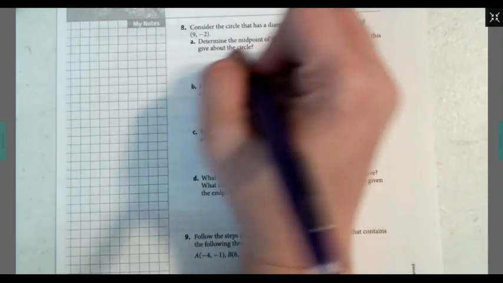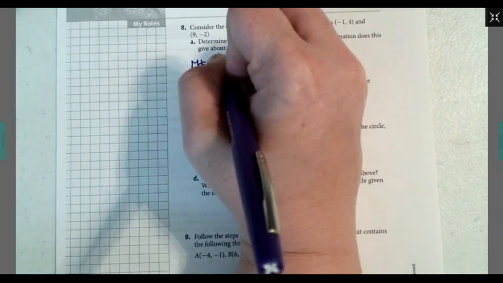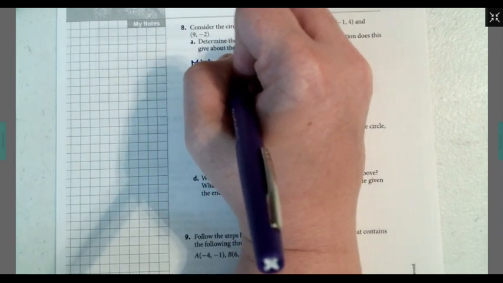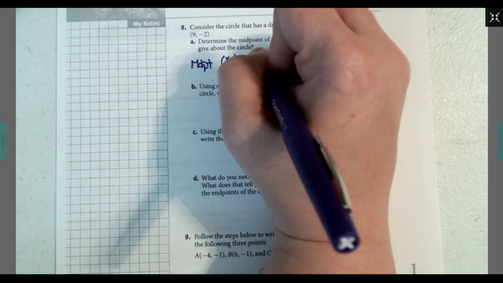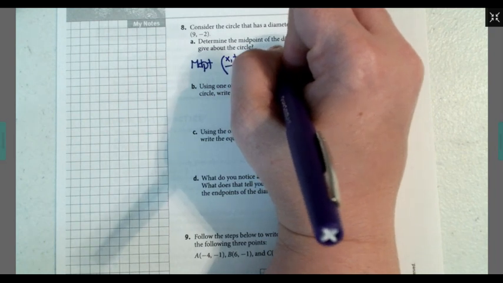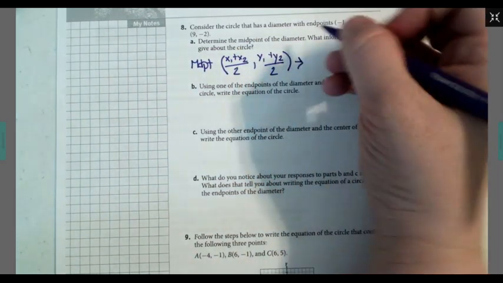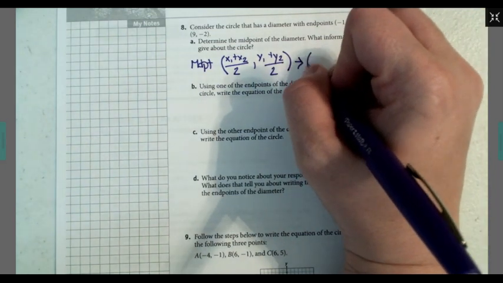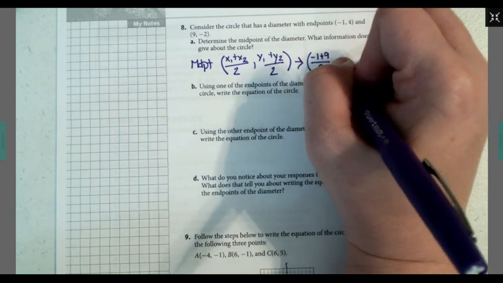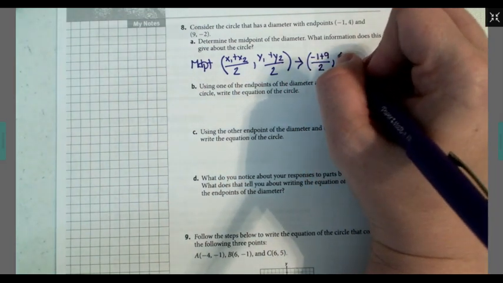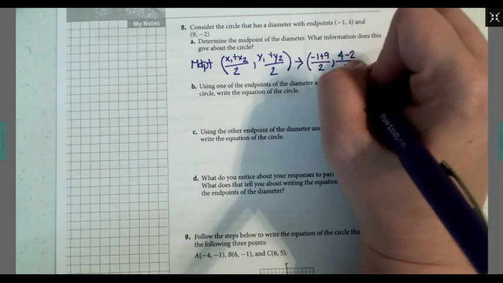So I want to find the midpoint of this line. Now, midpoint is (x1 plus x2) divided by 2, comma, (y1 plus y2) divided by 2. That's going to be (-1 plus 9) over 2, comma, (4 minus 2) over 2.